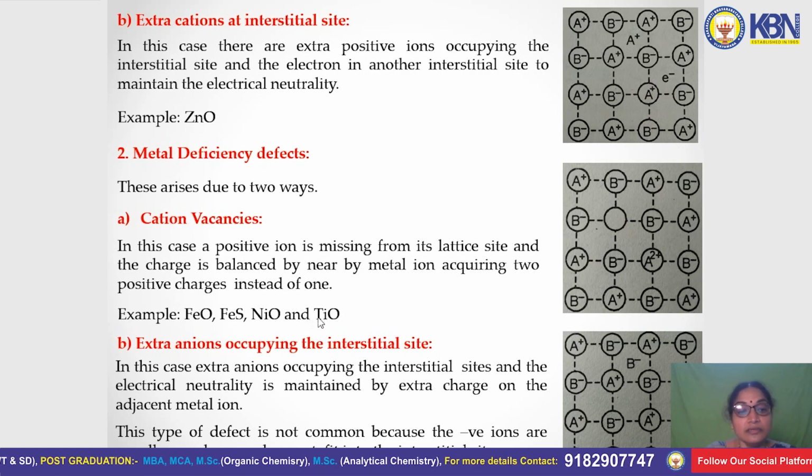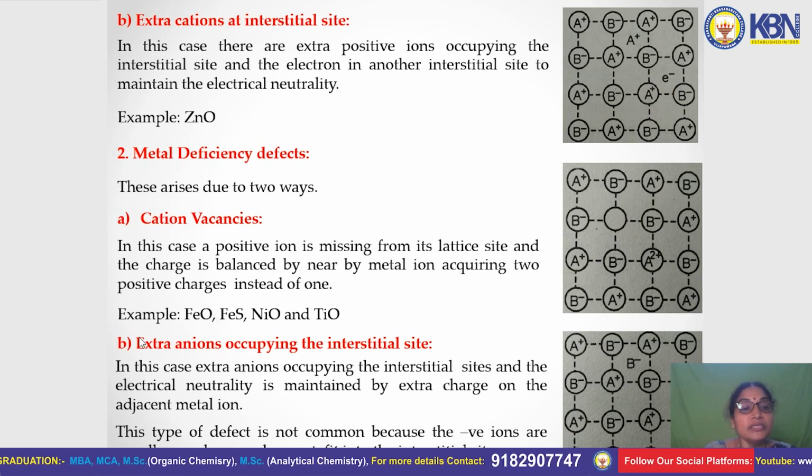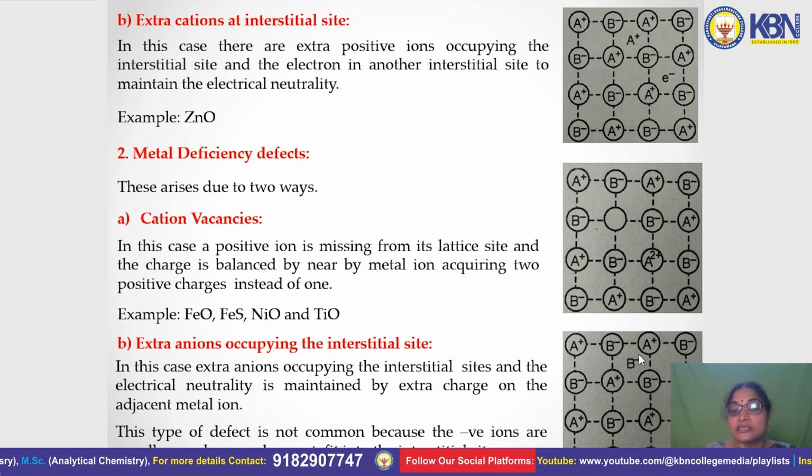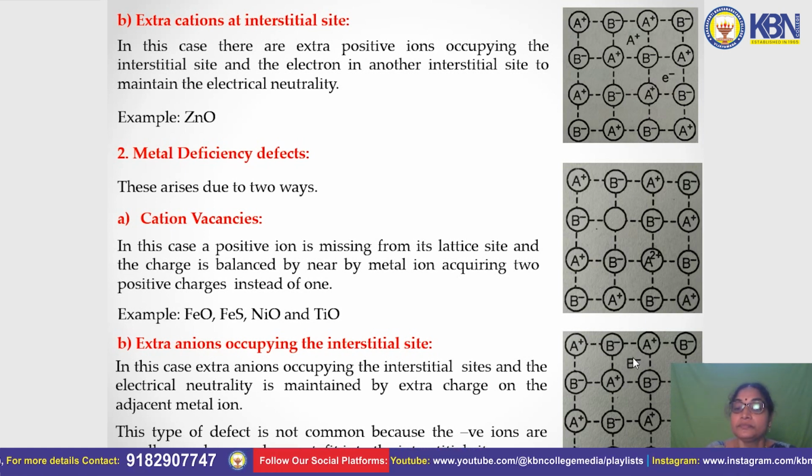The next type is extra anions occupying the interstitial site. In this example, an extra anion occupies the interstitial site, so the number of negative ions is more than the number of positive ions.